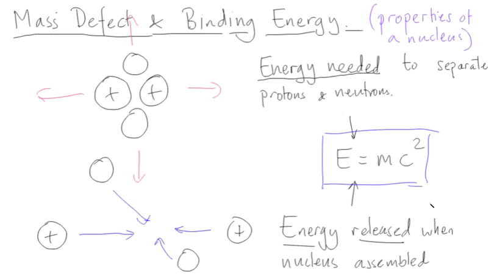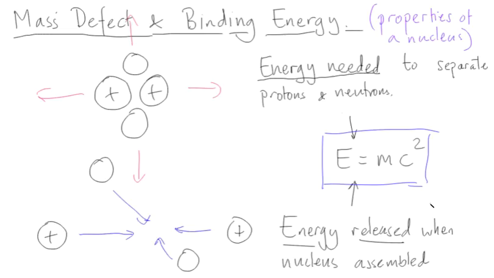So it actually turns out that if we were to weigh the mass of, for example, a helium nucleus, and then we were to split it up and weigh the masses of the two neutrons and the two protons when they're actually apart, the mass of the bits when they're separated is less than the mass of the nucleus itself.